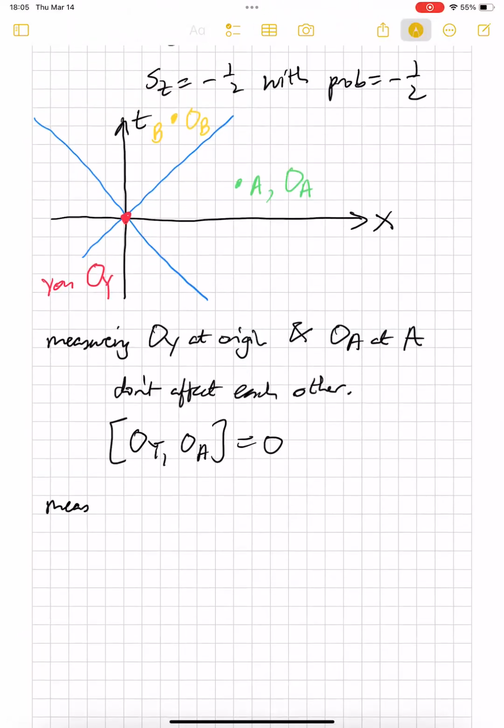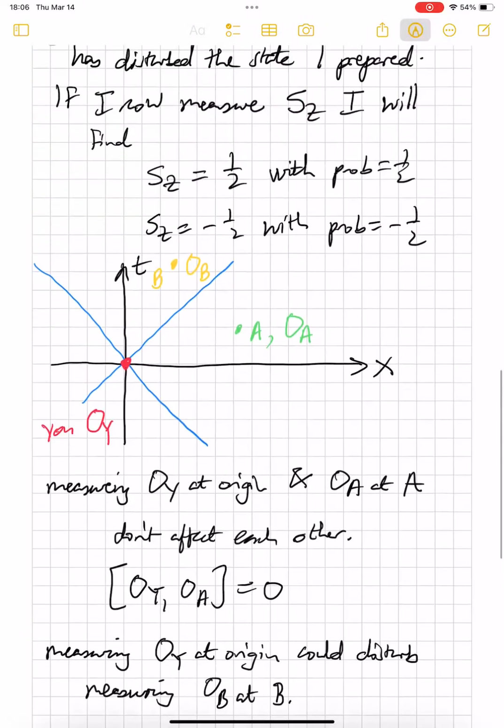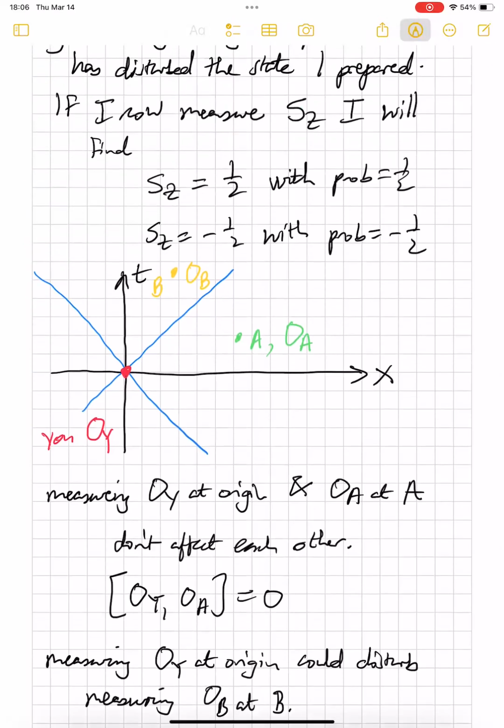But measuring O_Y at the origin could disturb measuring O_B at B. I'm not saying that it will, but it's allowed to. And why is measuring O_Y at the origin allowed to affect the measurement of O_B at B?